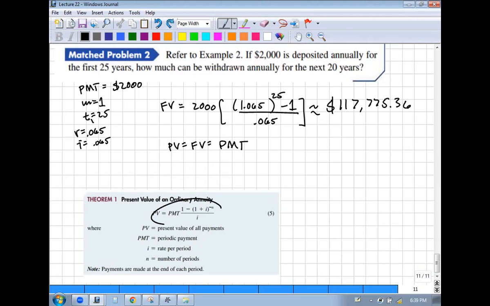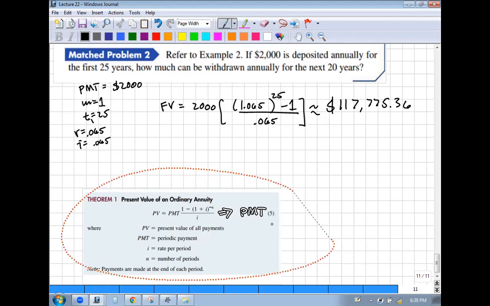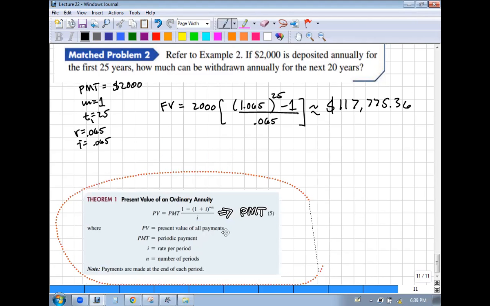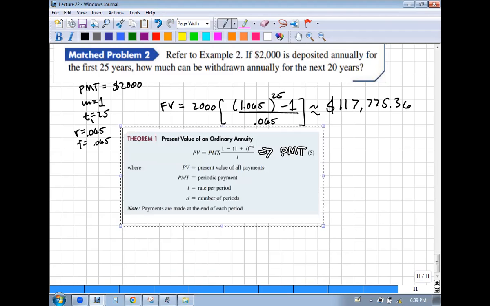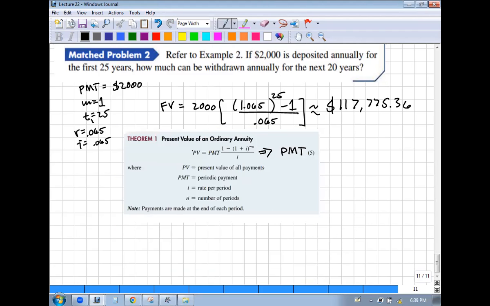So if we look at this formula, PMT, if I call this future value, would be our old future value, and then divide by this. So this is the same thing as multiplying by its reciprocal, the same trick we did before: 1 minus 1 plus I to the negative N.